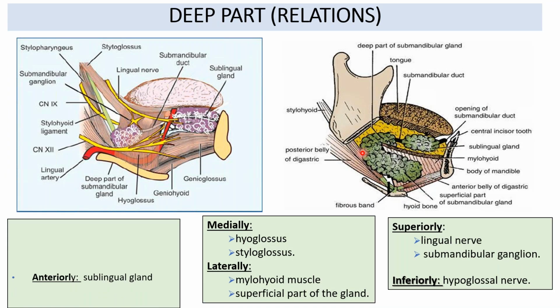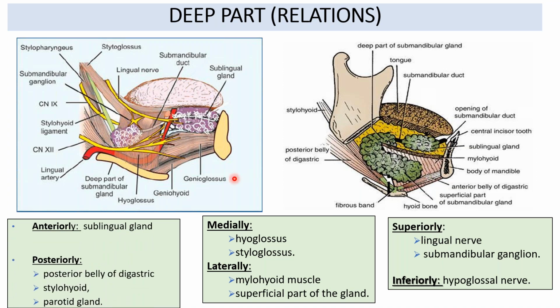Now coming to the relations of the deep part. The anterior relation, as we just saw, is the sublingual gland. Posteriorly, the deep part will be related to the posterior belly of digastric, stylohyoid and parotid gland.